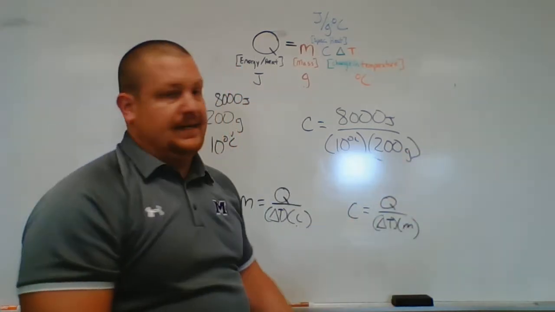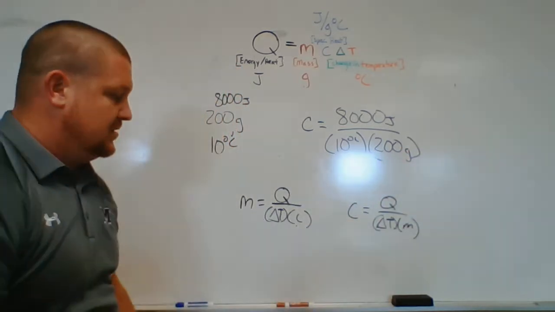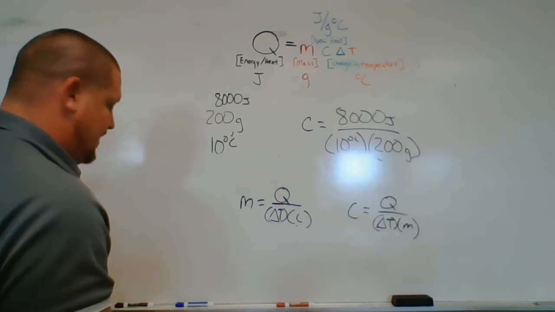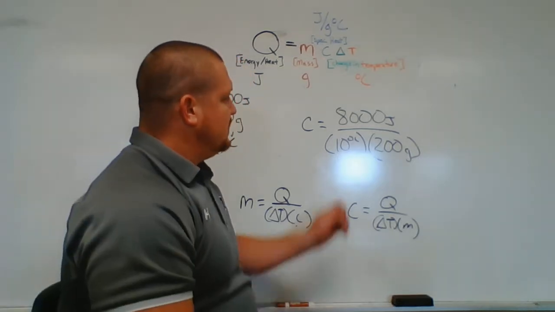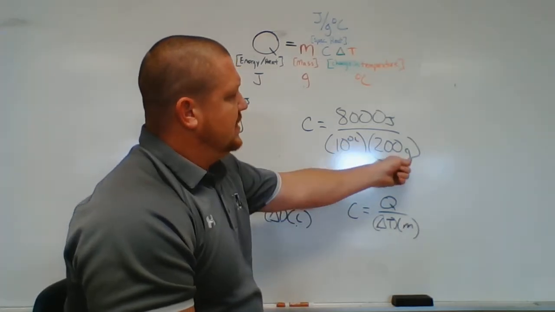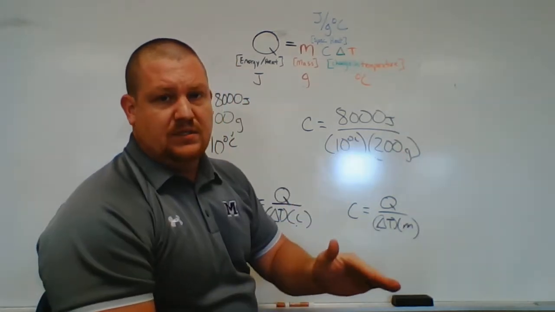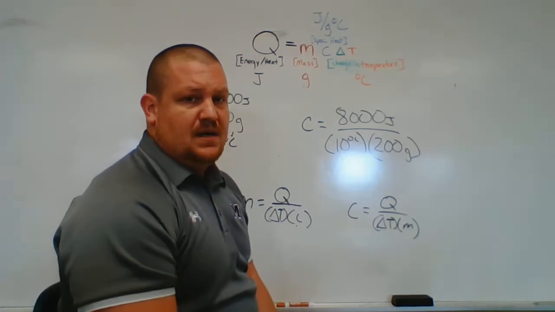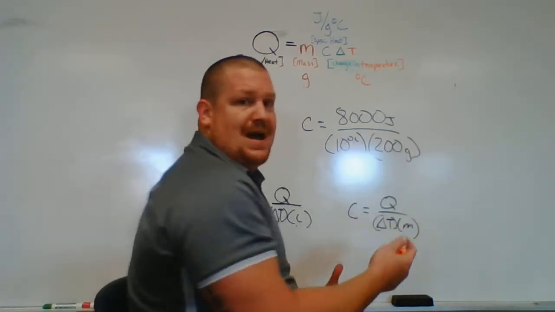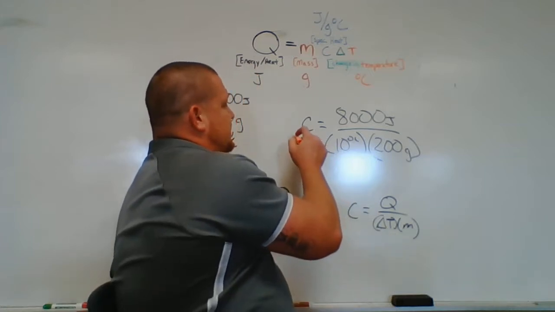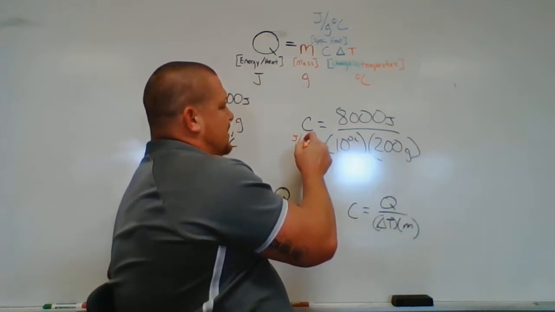Again, first thing we should do, kind of a habit, let's see if anything cancels out. See if we can make our life easier. Degrees Celsius, grams, joules. No units cancel out. There's nothing the same on top and bottom. So whatever my answer is going to be, it's joules divided by grams degrees Celsius.